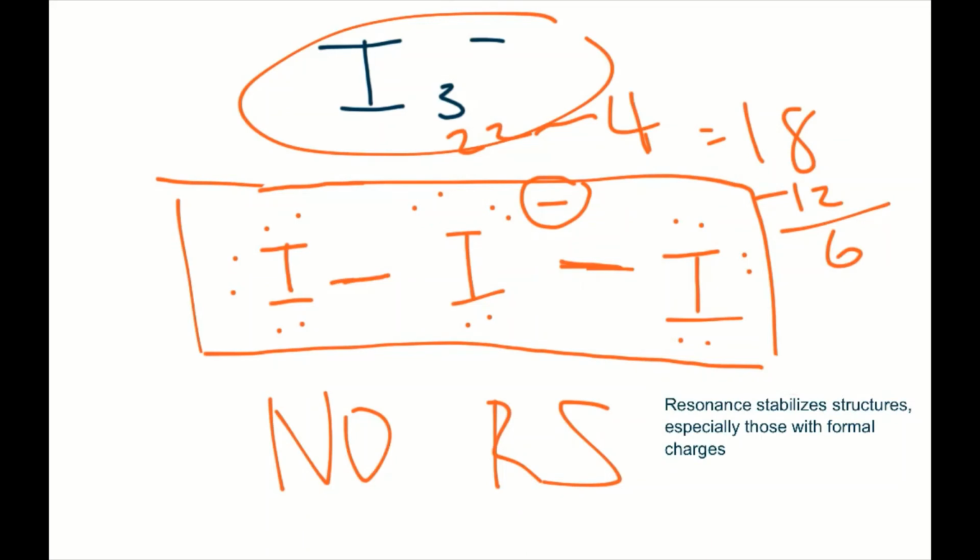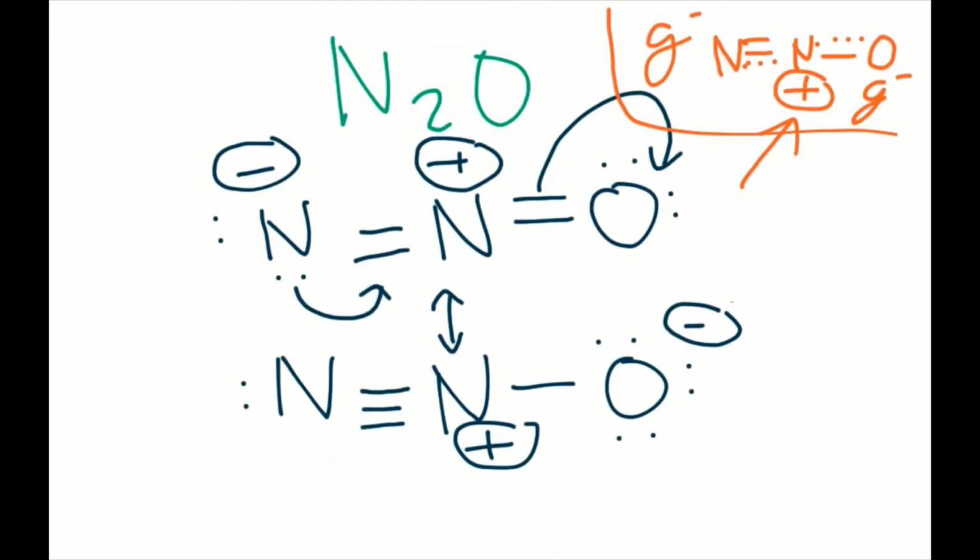And before I end this video, I want to mention one more thing. Resonance stabilizes structures, especially those with formal charges. For example, for N2O, notice how the resonance structures help the structure spread this -1 charge over a large amount of atoms, and this actually stabilizes it since the electrons are more spread out. We'll get more into why this is in the future if I make a video on it.